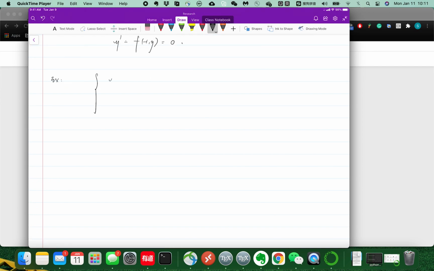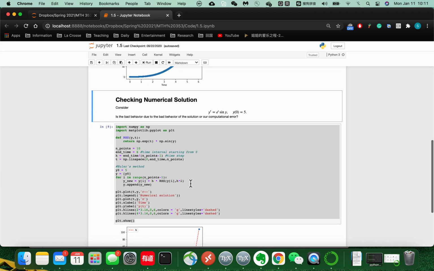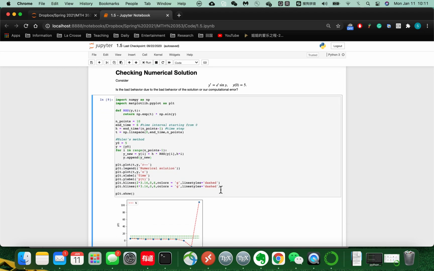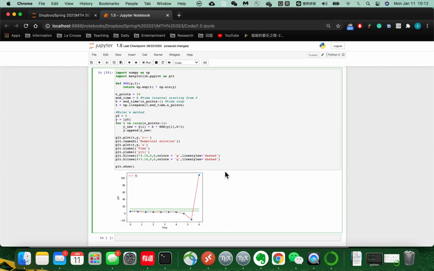Remember the one we did before, where Euler's method fails miserably? We can redo it again. We take that one, we take 10 points. When I say it fails, we don't even know if it's failing or not, because this looks kind of okay.